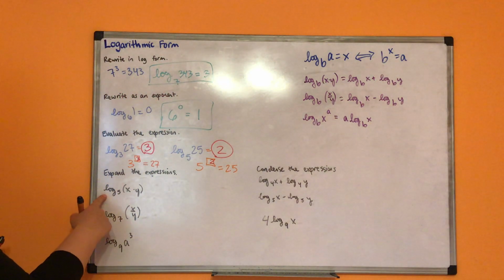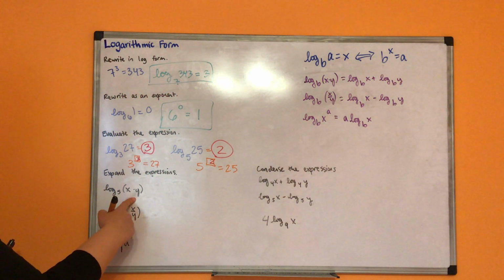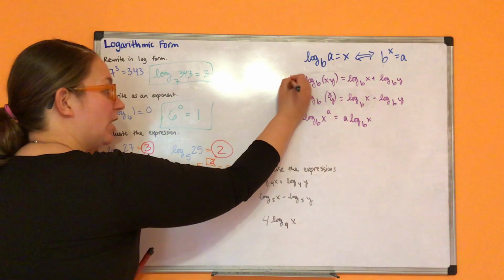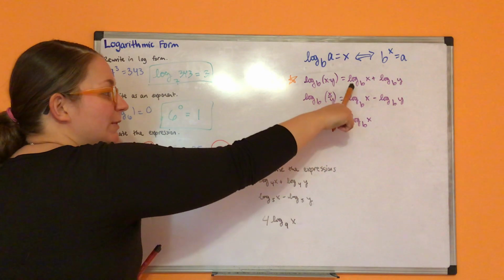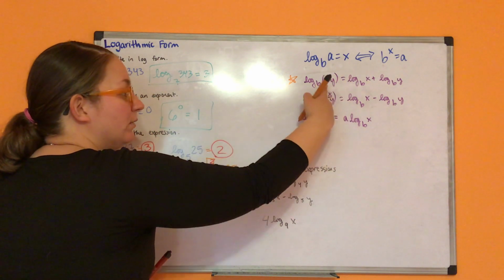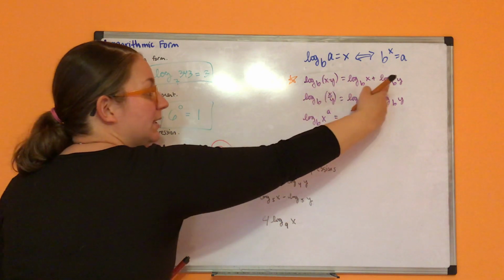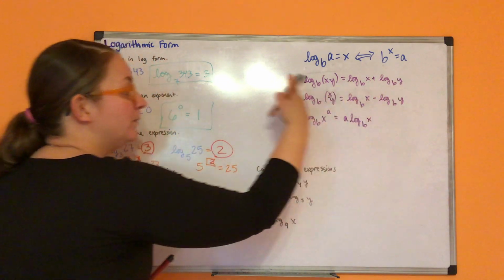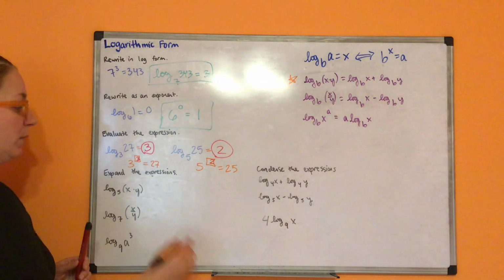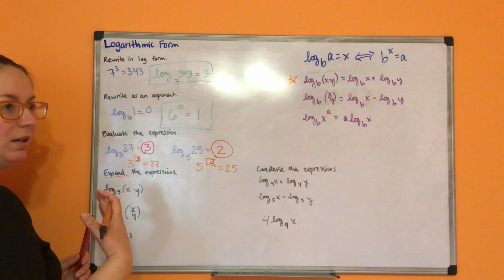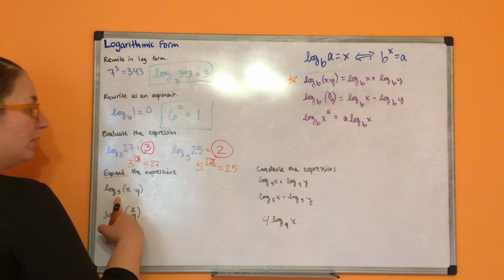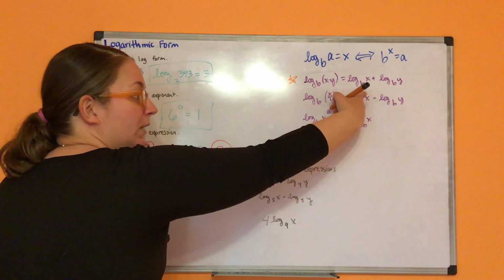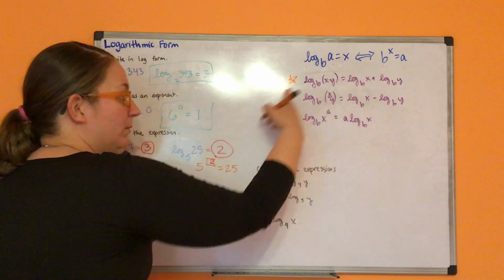So to start, I have log base 5 of x times y. One of my properties, this top one here, says if I have multiplication inside a log, that's the same as log base b of the first argument plus log base b of the second argument. Notice that you are writing that log twice, which is where the expanding comes from. You're turning it into something longer. So I'm going to convert this to an addition by following the equation.